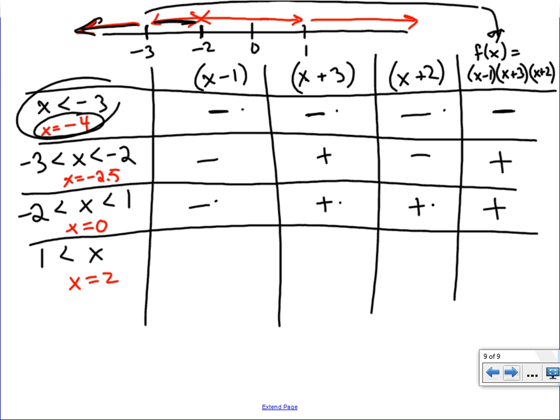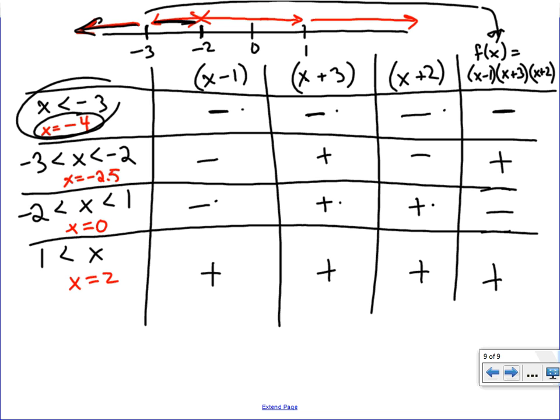And then finally, when x equals 0, that's positive, positive, positive. Oh, I'm sorry, this one's positive. I got my things crossed up here. This one's actually a negative. A mistake here.